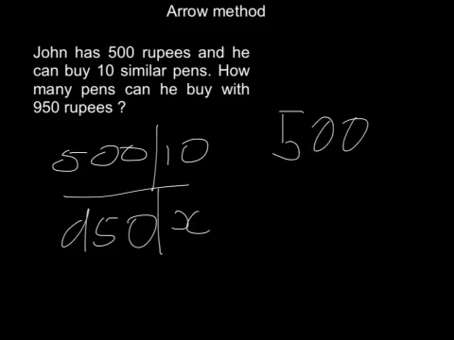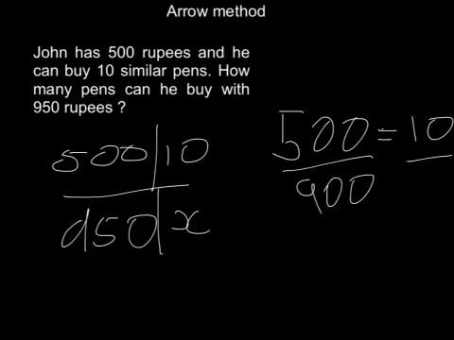So I have 500 over 950 equals 10 over x. Bring x up here, bring 500 down here, and we bring 950 up there.